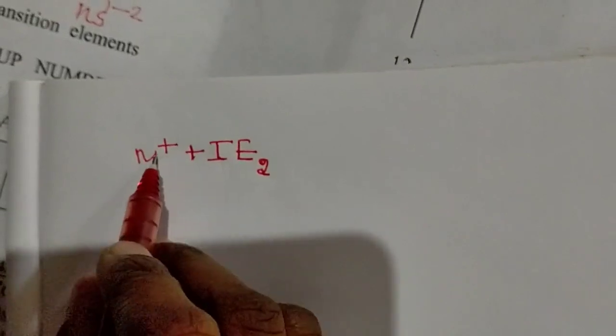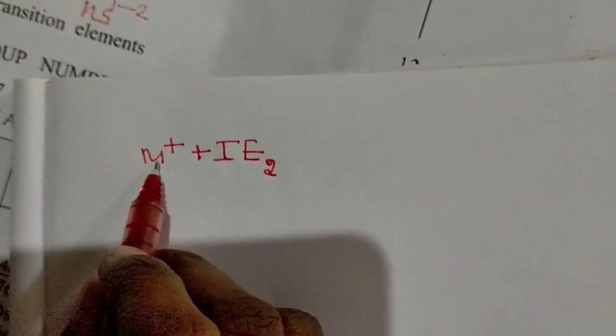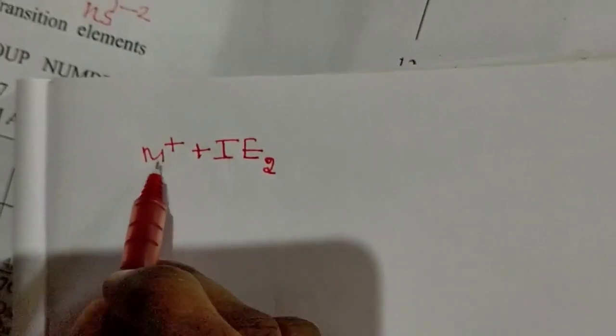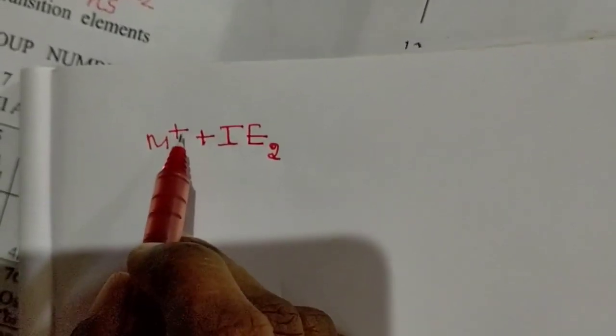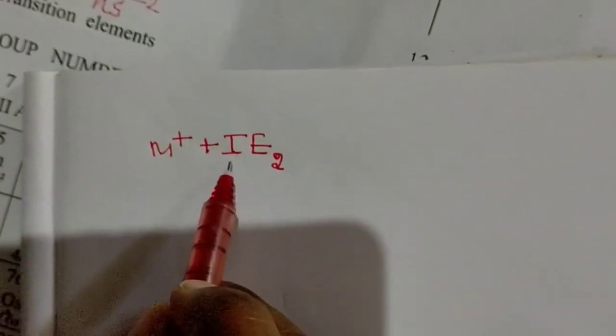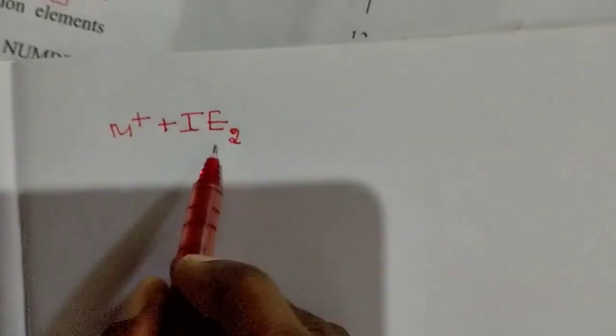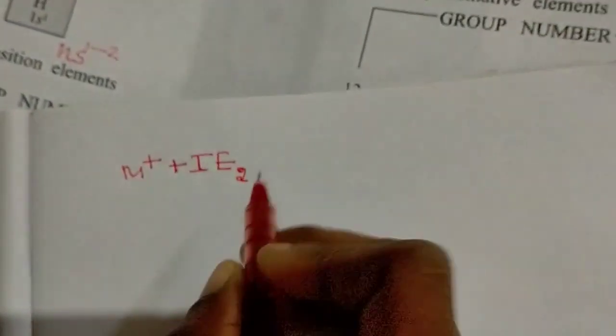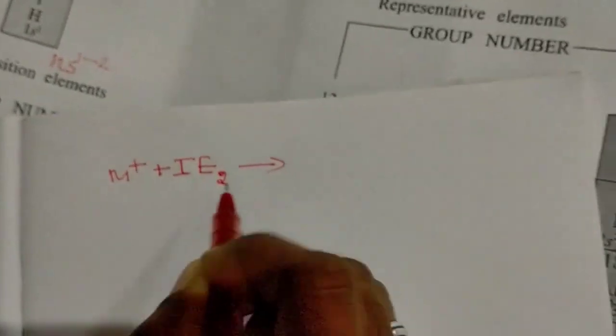Now this is unipositive, it contains only one positive charge. So this unipositive species requires the minimum amount of energy to remove one more electron from M plus.